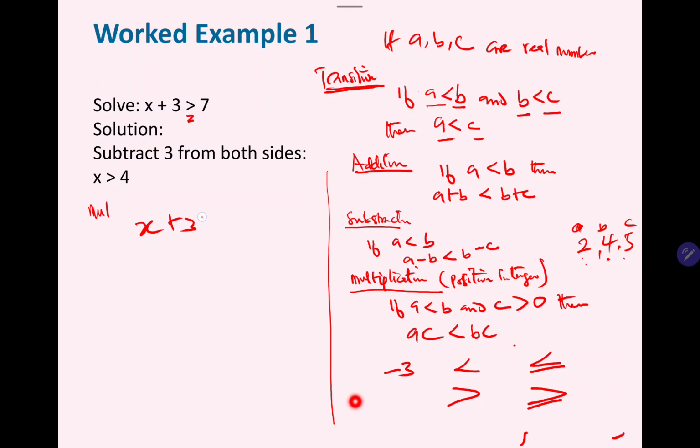Just like equations, we take 3 to the other side. It becomes x is greater than 7 minus 3, and x is greater than 4. No issues. We leave the symbol as it is because it's not being multiplied or divided by a negative integer.